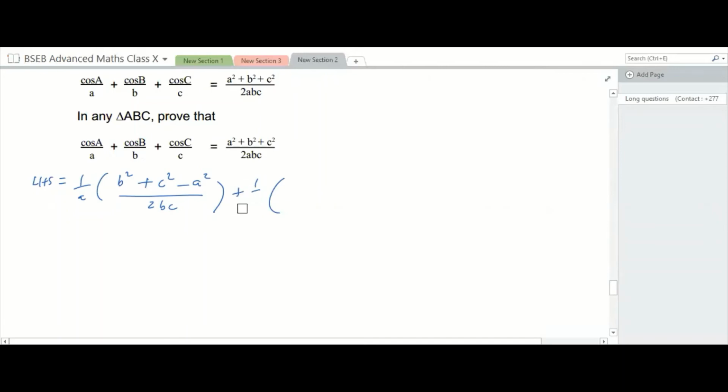half into 1 over b into, let's just change this, I'm writing it as 1 over a, 1 over b into minus b squared goes there, a squared plus c squared over 2ac, plus 1 over c into minus c squared, a squared plus b squared over 2ab.